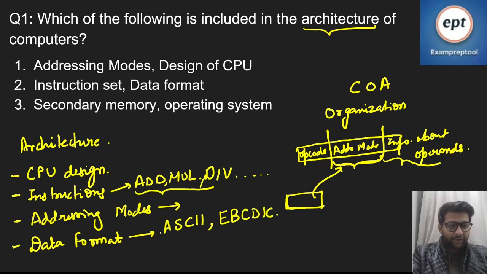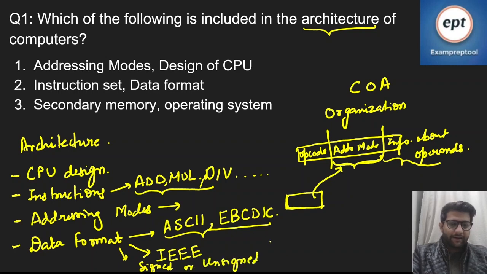So how the characters will be represented has to be told to the computer, or how the numbers will be represented, that is how the floating point number will be represented. So we have the IEEE format, and how the signed and the unsigned numbers will be represented, right? Like they will be represented in two's complement or one's complement.